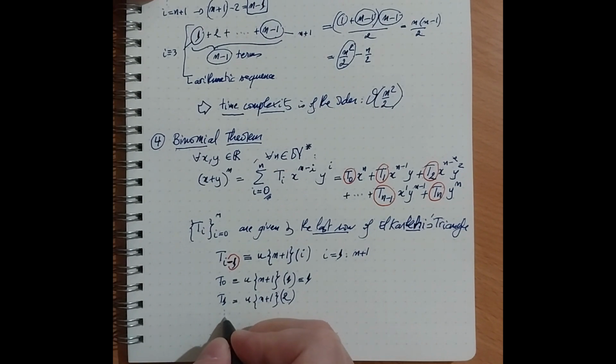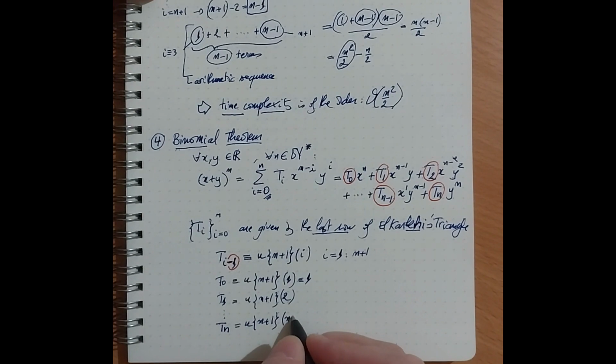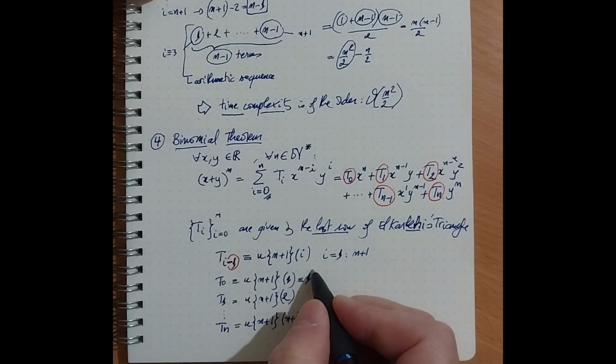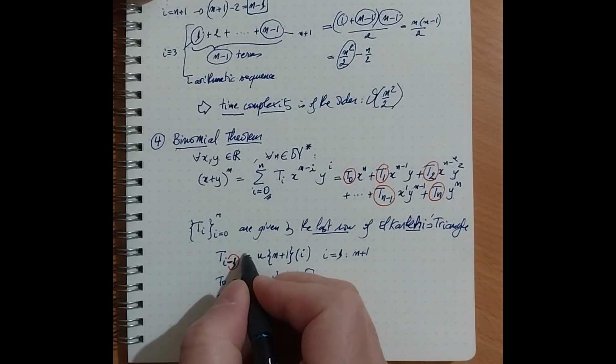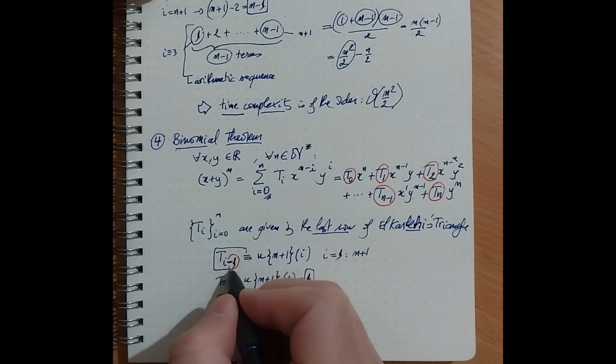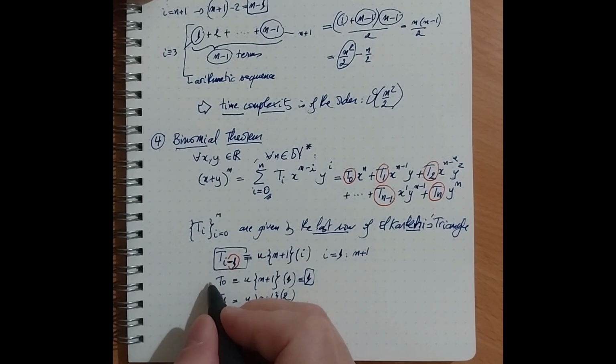And so on. Till the last one, Tn, is U{n plus 1}, n plus 1. And it is also equal to 1. Because the row starts from 1 and ends by 1. And this is the theorem of Elkarkhi's triangle.